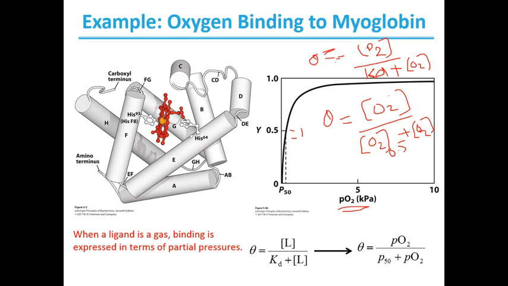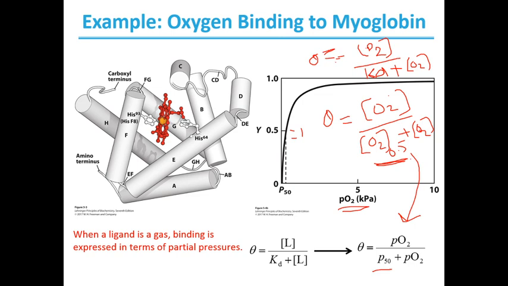The concentration of a volatile substance in solution is always proportional to the local partial pressure of the gas. So if we define the partial pressure of oxygen at O2 0.5 as P50, this equation directly becomes this equation.